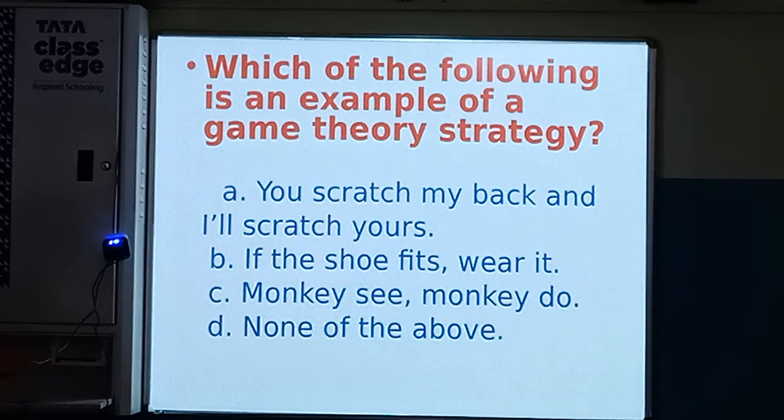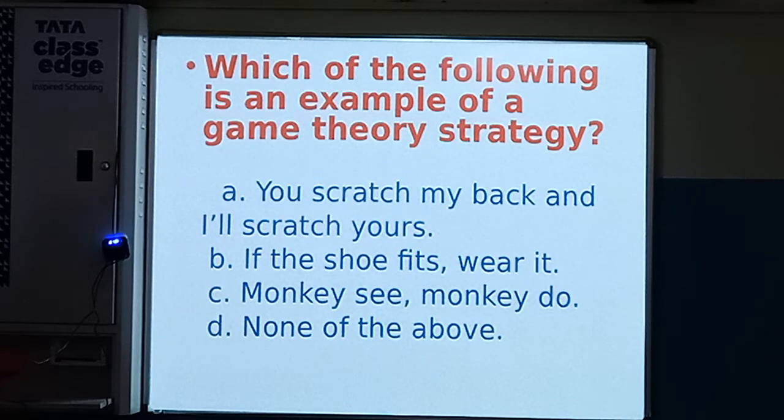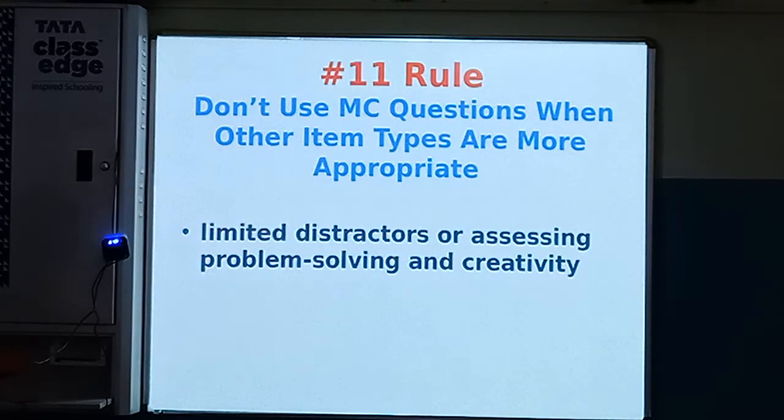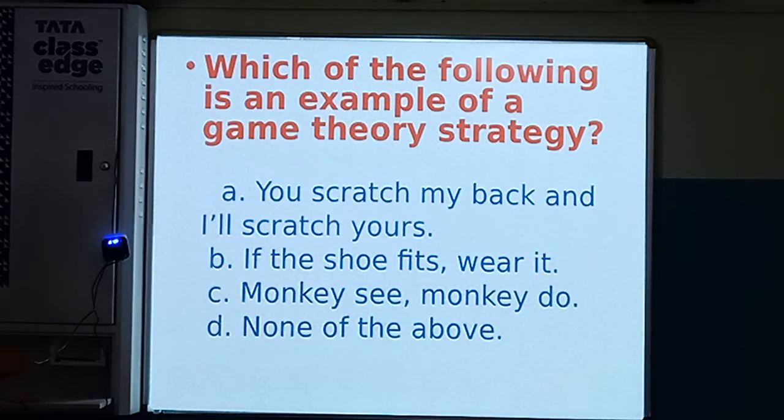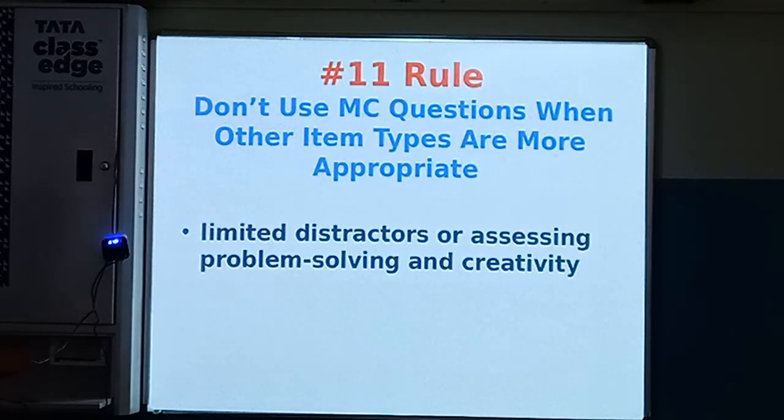You will scratch my back and I will scratch yours. If the shoe fits, wear it. Monkey see, monkey do. None of the above. Even if the student does not know the answer, he will get the correct answer just by clicking none of the above.